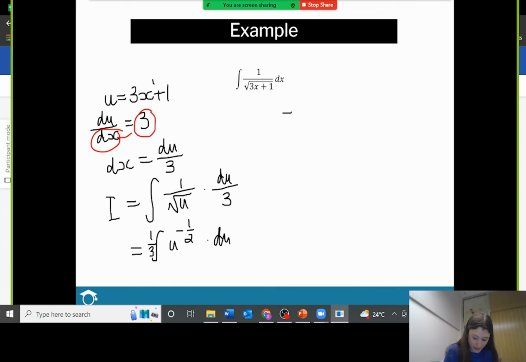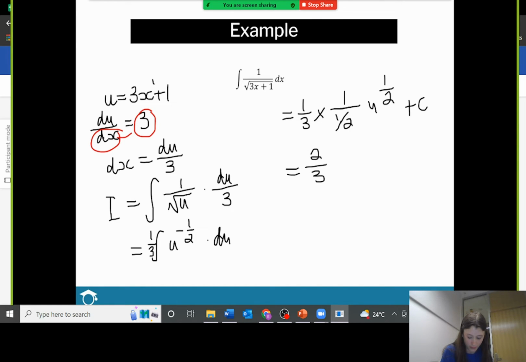So that is going to be equal to 1/3 times 1 over 1/2 u to the power of a half plus c. So that's going to give us 2 on 3 root u plus c.